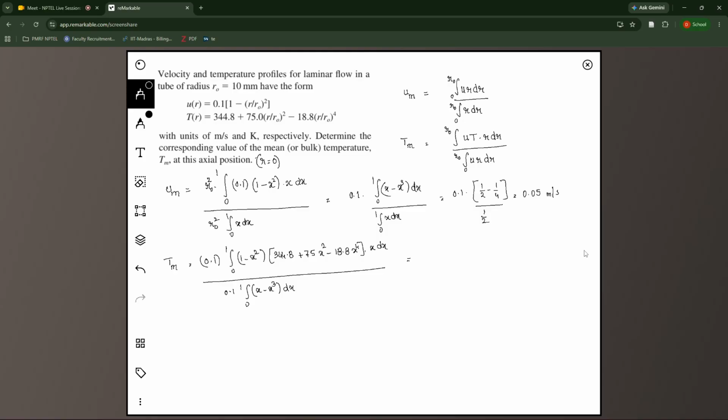Once I do the integration, I'm getting a value of around 366.68. You can also calculate and let me know if you're getting the same value.